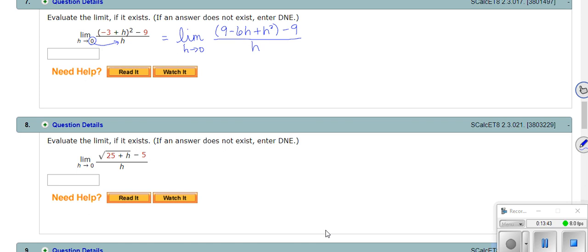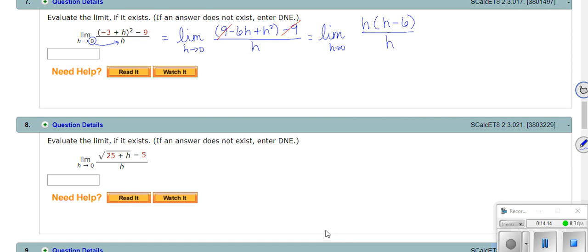Now you'll notice that my 9's cancel, and what I have left is the limit as h approaches 0 of h squared minus 6h all over h. Let me rewrite that. Let's pull out an h, so I can factor an h out of the top. That's going to leave me with this.